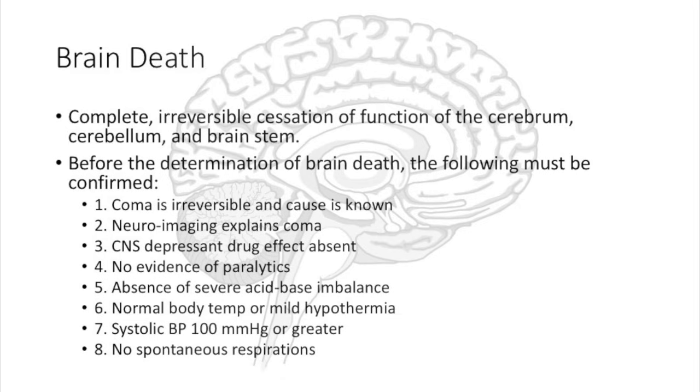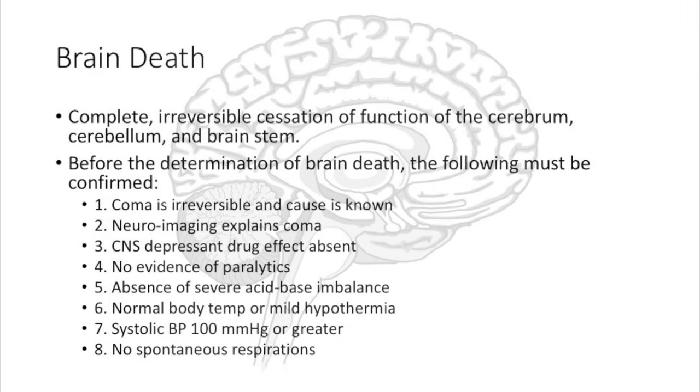There's absence of severe acid-base imbalance, so you have to have a normal pH level, there's normal body temperature or mild hypothermia, systolic BP has to be greater than 100, and no spontaneous respirations. So this is the condition that the patient needs to be in before you can test for brain death.